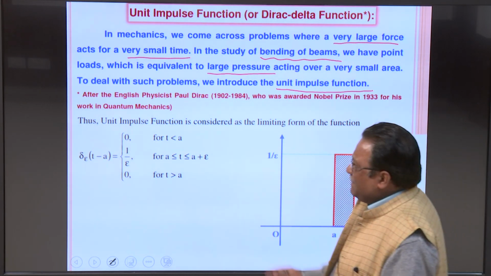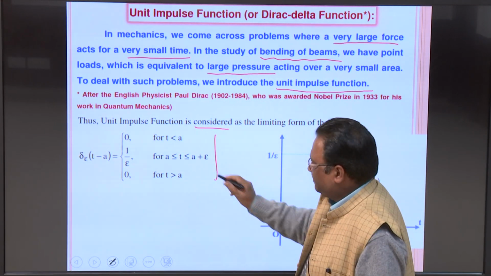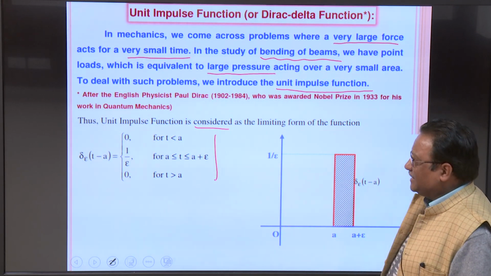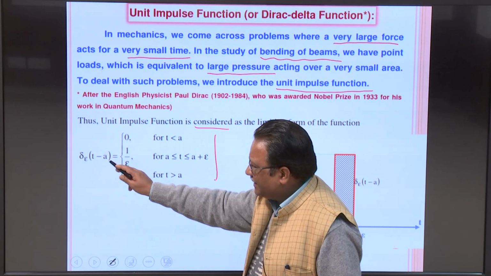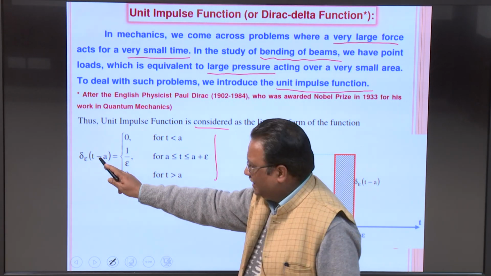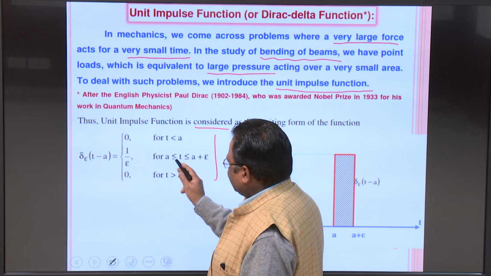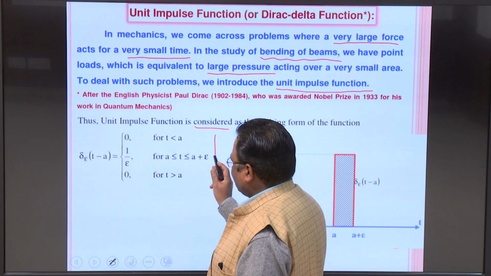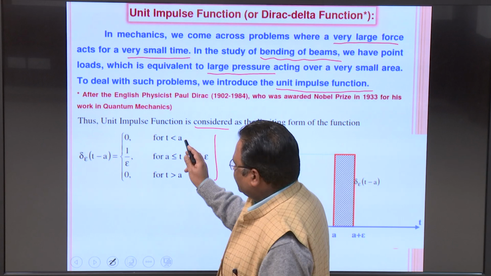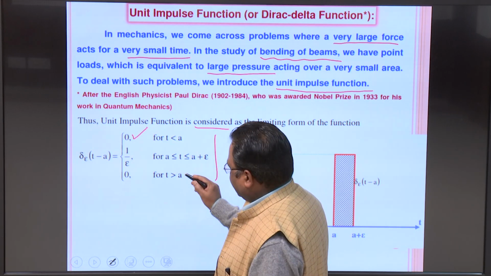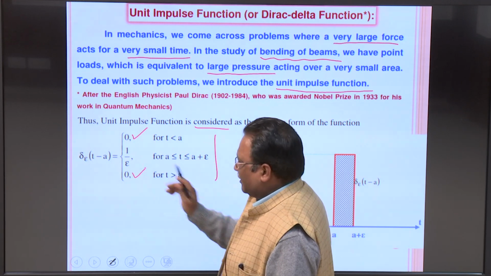The unit impulse function is considered as the limiting form of this function: δ_ε(t − a) = 1/ε for a ≤ t ≤ a + ε, otherwise 0. That means when t < a we get 0, when t > a + ε we get 0, but when t is between a and a + ε we get 1/ε.